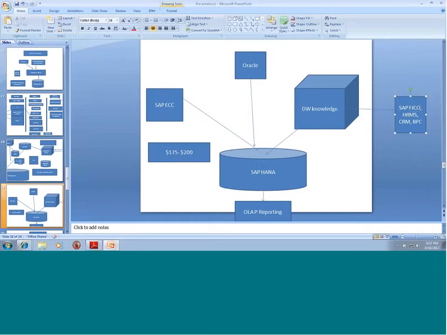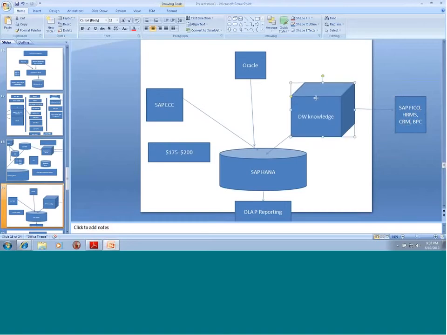I will not know what HRMS is doing, what CRM is doing, what BPC is doing. But if I work on a data warehousing tool, I will be working on several modules that are bringing data into the data warehousing system. So it is a central repository where I get all the information that I require. My foundation becomes really strong, and I build on that.